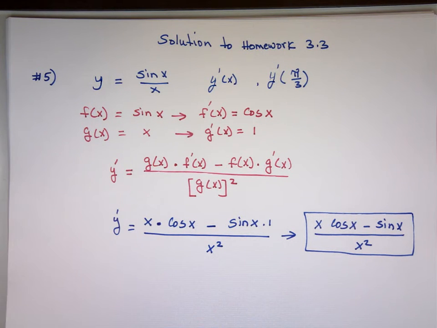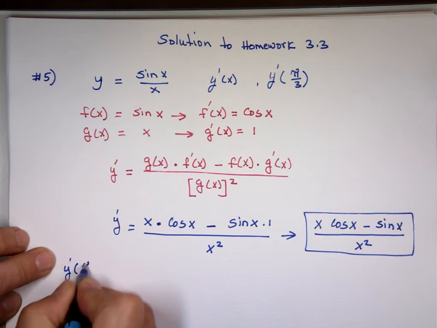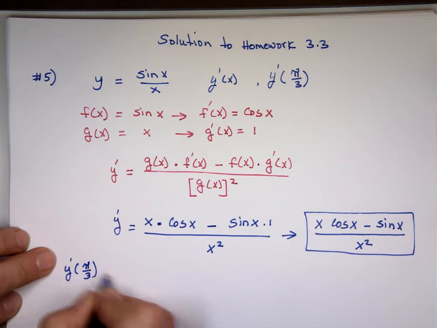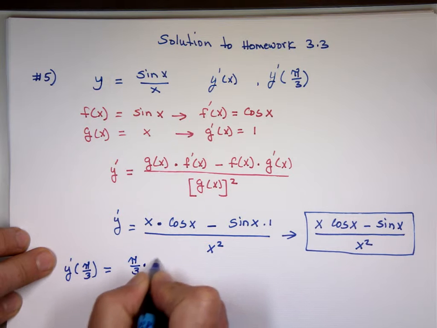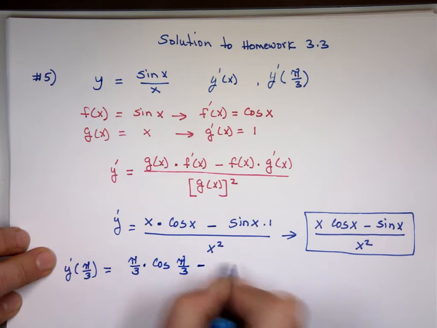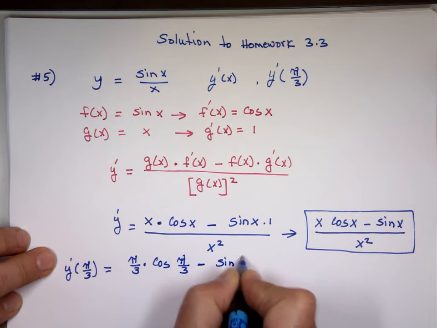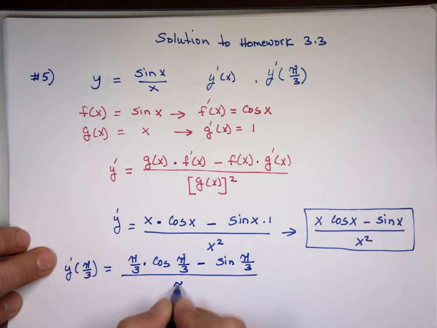Part B, what's the derivative when x equals pi over 3? That means you have to replace x with pi over 3, divided by pi over 3 squared.